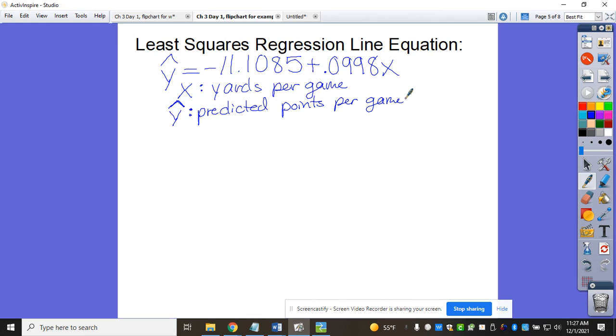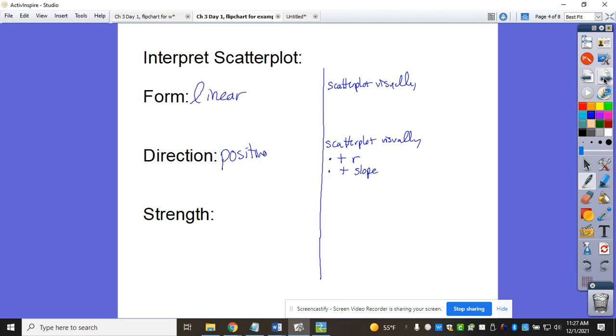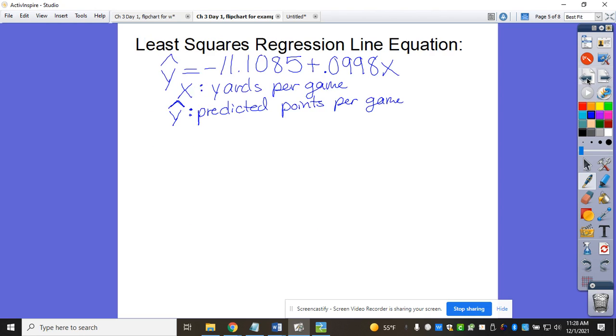And let's keep writing before I go backwards. Yours has space for r and r squared here, right? So what is our value of r? 0.9287.